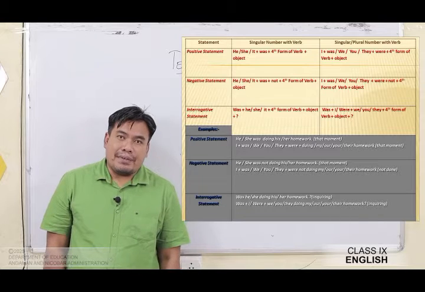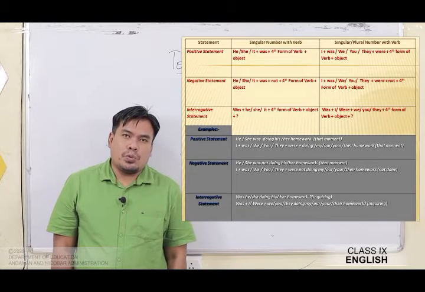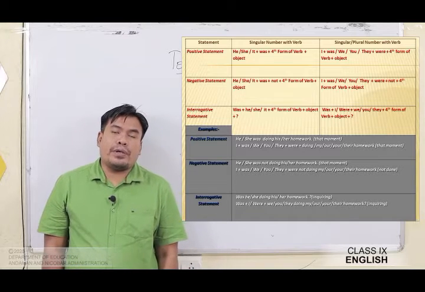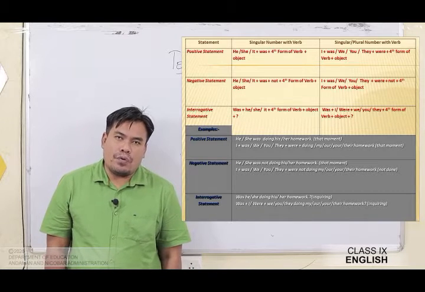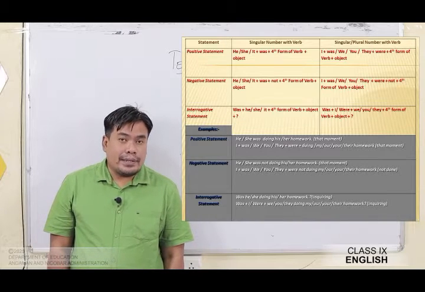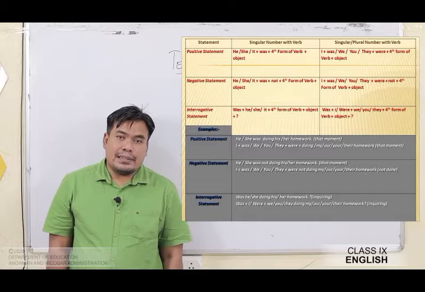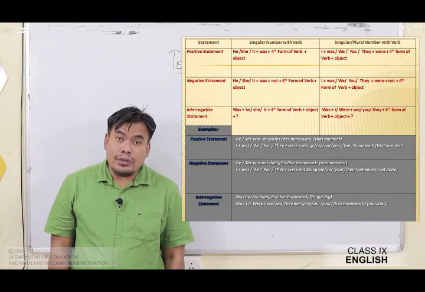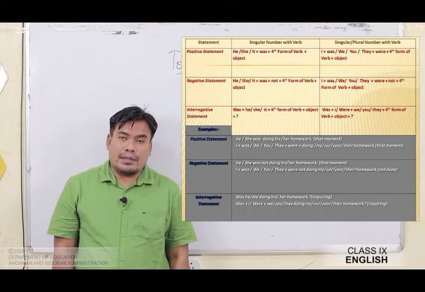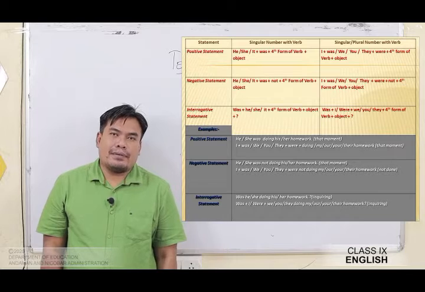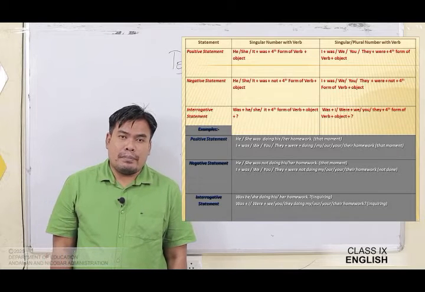And whenever you're using you, it will be you were doing your homework. And then again they were doing their homework. So that is the example of the positive statement in the past continuous tense.